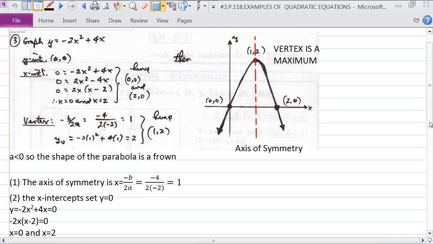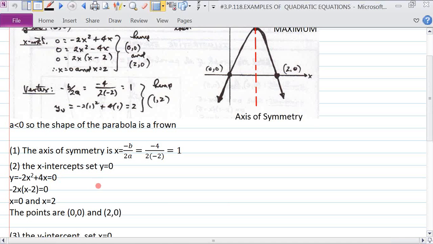To get the x-intercepts, we set y equal to 0. So this is equal to 0. I factor out minus 2x from both these terms, and I get x minus 2. Minus 2x times x gives me minus 2x squared. Minus 2x times minus 2 gives me plus 4x.